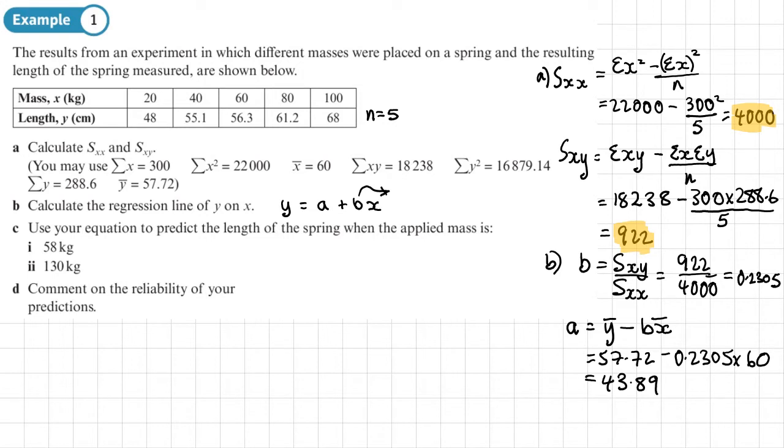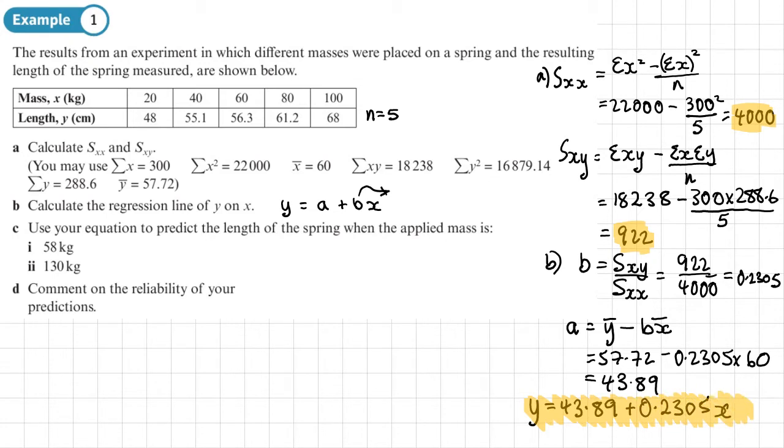So now I can write down my regression line, which is going to be y equals a, which is 43.89, plus b, which is 0.2305 times by x.